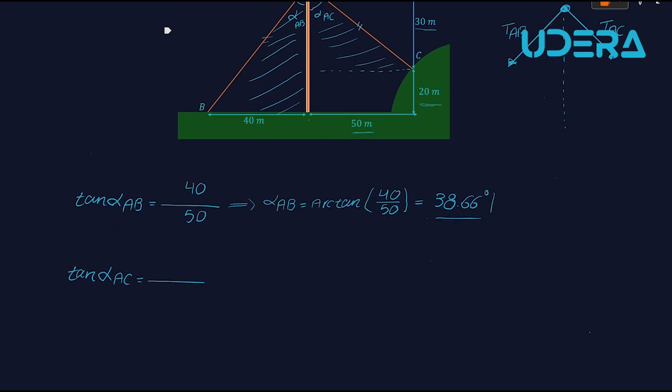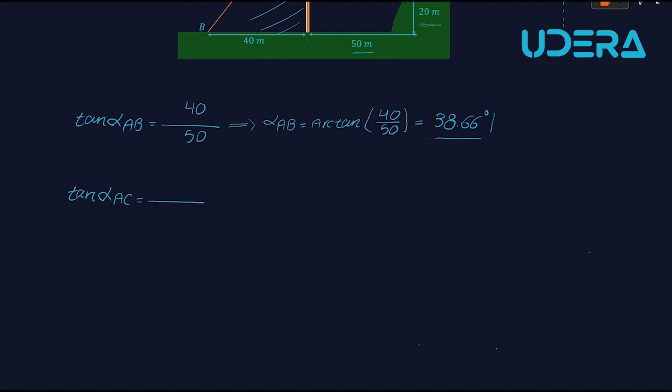Everything is clear on the figure. So 50 over 30 will be alpha AC equal to arc tangent 50 over 30, which will be 59 degrees.